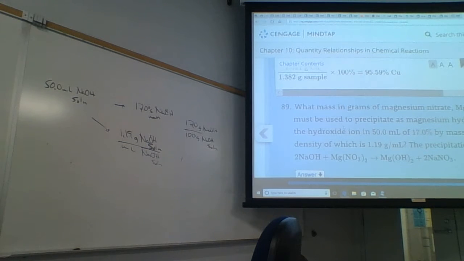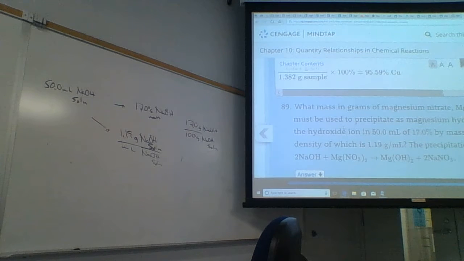So we're going to just use dimensional analysis. Basically, we want to get grams of pure sodium hydroxide. We don't want grams of solution. We want grams of pure sodium hydroxide. So this is the way we're going to do it. We're going to start off with milliliters of sodium hydroxide solution, the milliliters of the mixture.